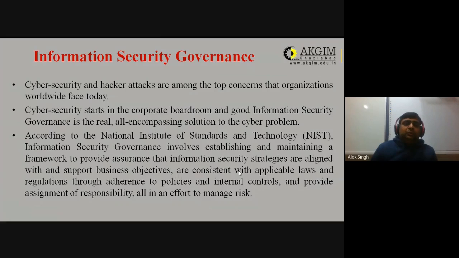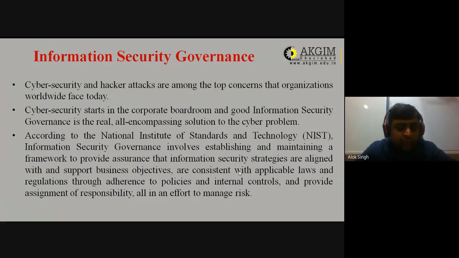You should give guidelines to your employees as well as staff and all the stakeholders. You should properly train them from time to time so that they are aware of the various security threats.